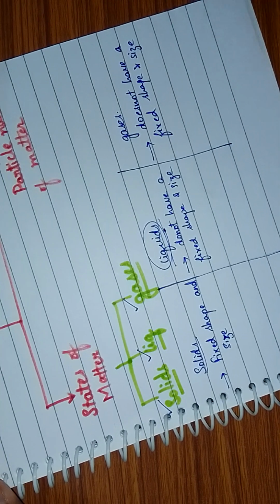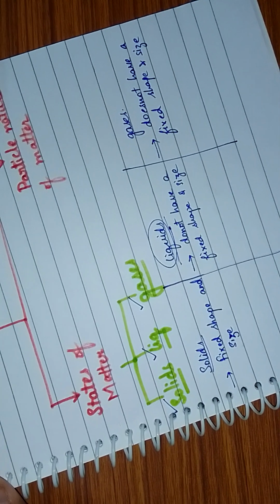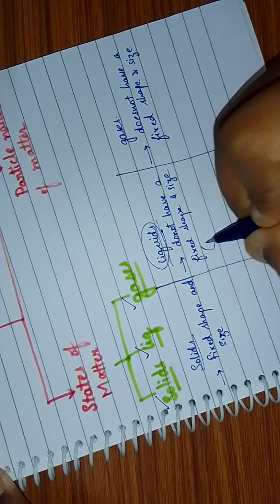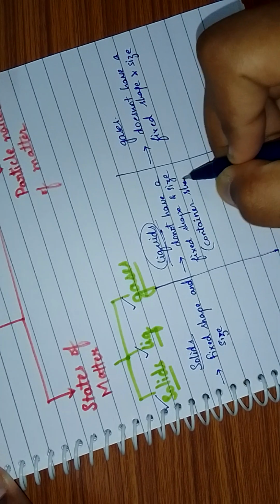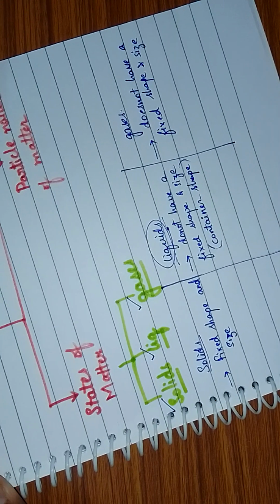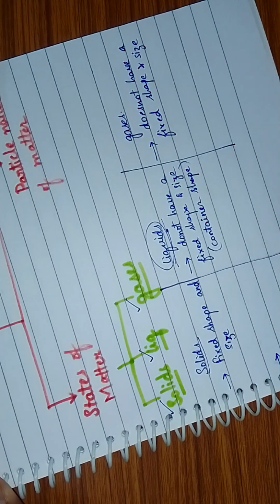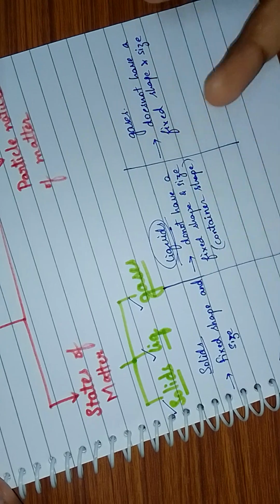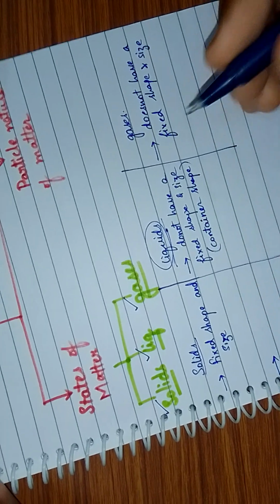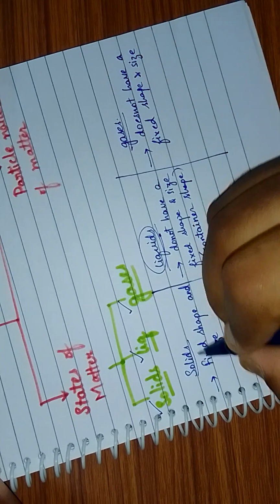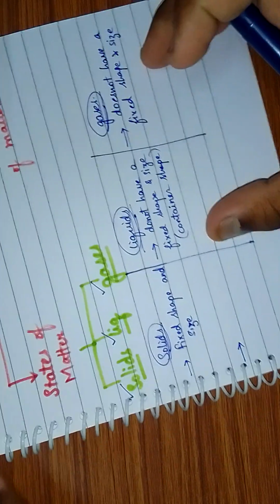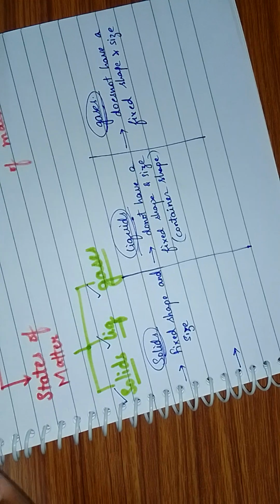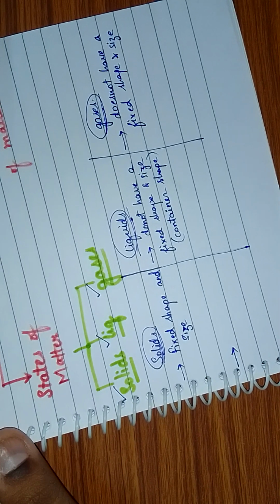If it is in a vessel, it will take the shape of the vessel. So into whichever container it has, it will take the container shape. This is the defining basic property which anyone will understand.